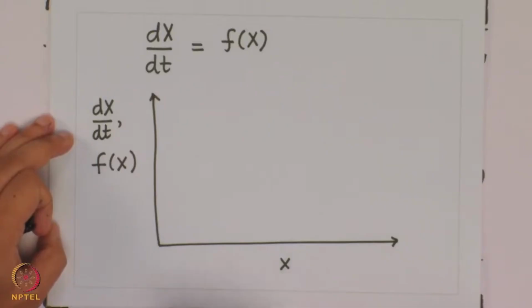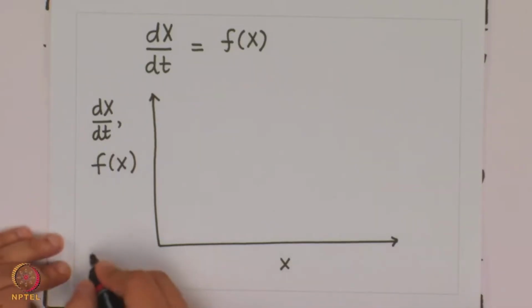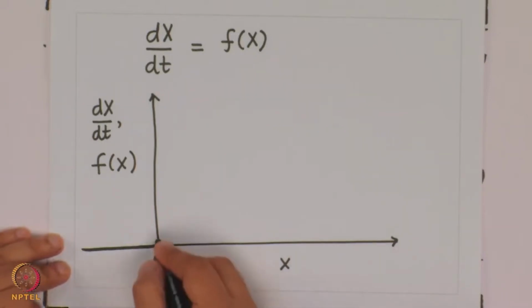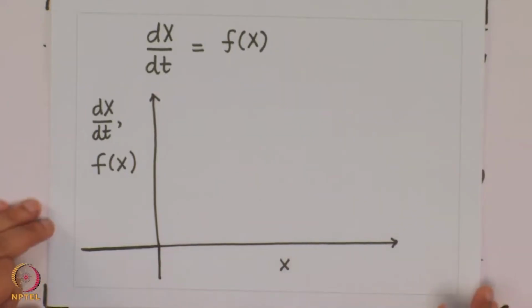So, x might represent how many bacteria or how many human beings are there in a population, but in a different context you might also be interested in negative values of x. Of course, in biology, when we are talking of the number of individuals of a species, negative x does not make any sense, but there might be cases where negative values of the variable x also have a meaning associated with them.